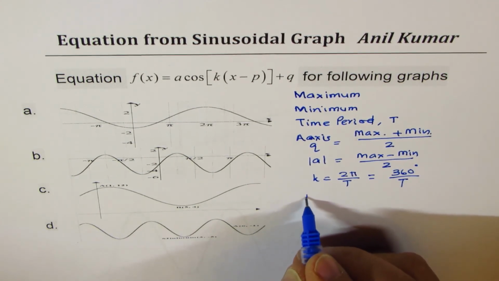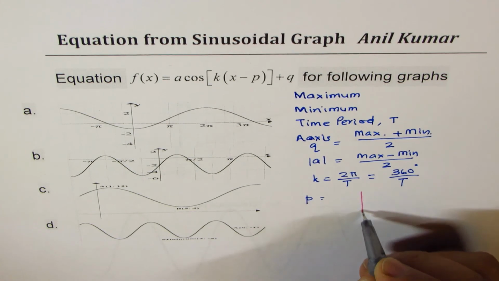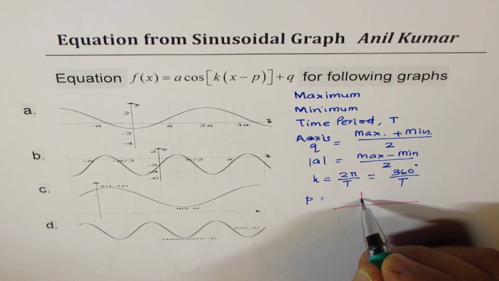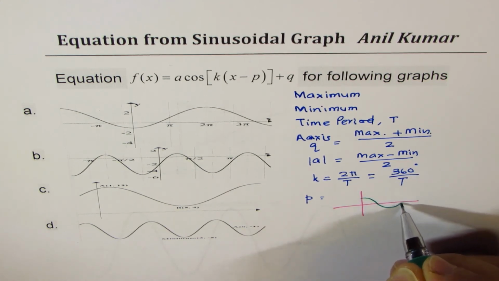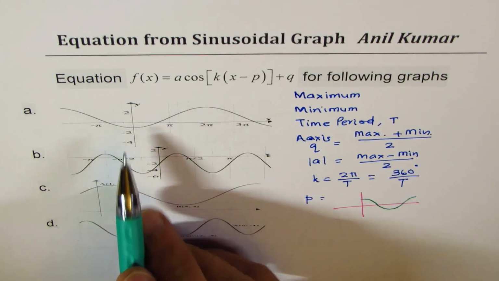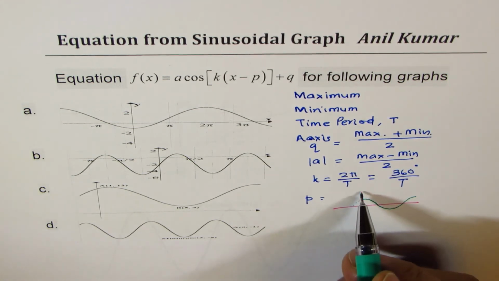Phase shift p is kind of critical. You have to read it from the graph. In case you are working with a cosine function, we are going to look for the maximum value. For a cosine function, normally it starts from here. Phase shift really means, when you're looking at the cosine function, where we get the maximum, the one closest to the origin.